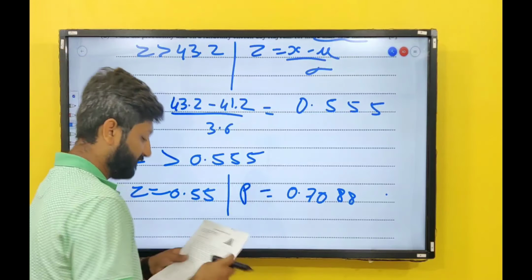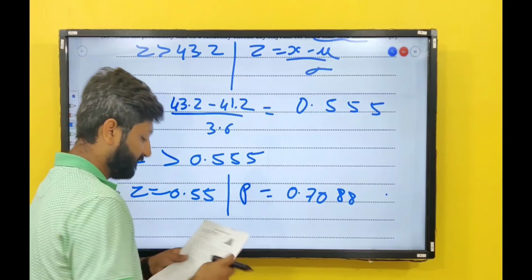So at 5, they are telling us to add 17. So my value is going to be 0.7105.